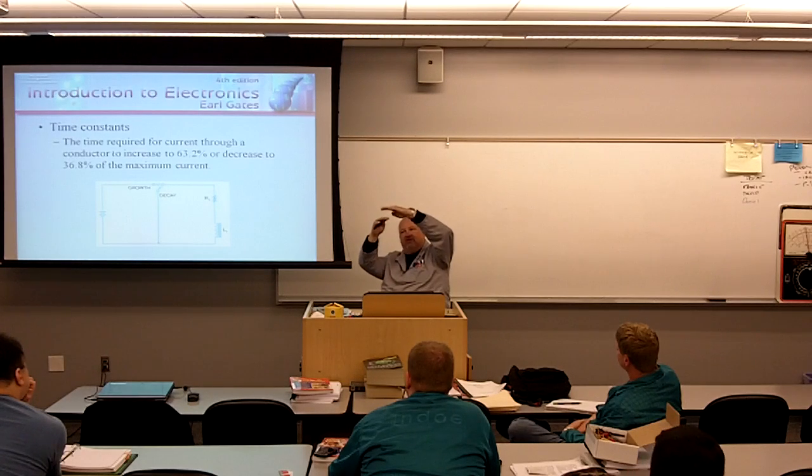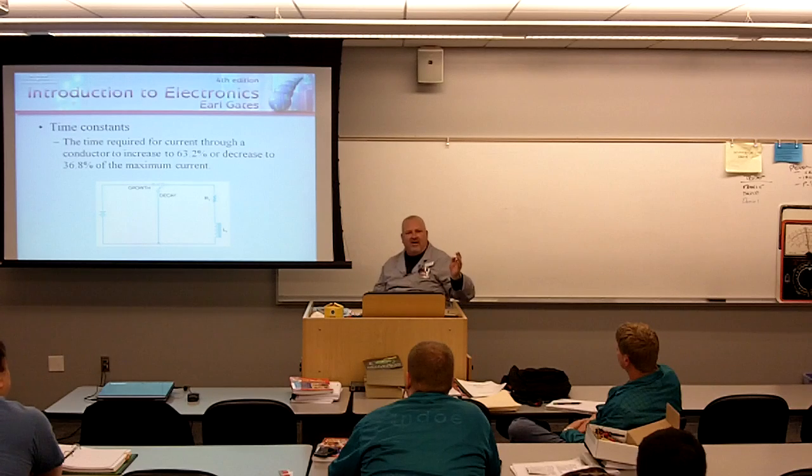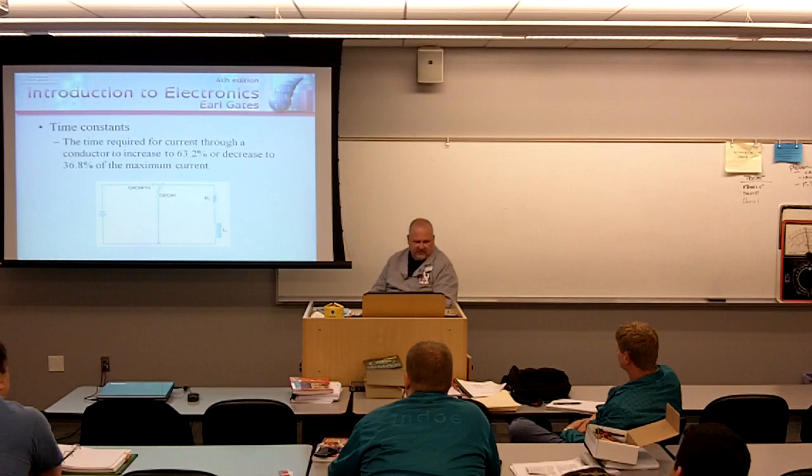The next time constant, 63.2% of what's remaining. The next time constant, 63.2% of what's remaining. Basically after 5 time constants, we say enough is enough, it's 100%. But is it really at 100%? No, because it's nonlinear. So really, it never reaches 100%. We say after 5 time constants, it's reached 100%. It's good enough for what we do.